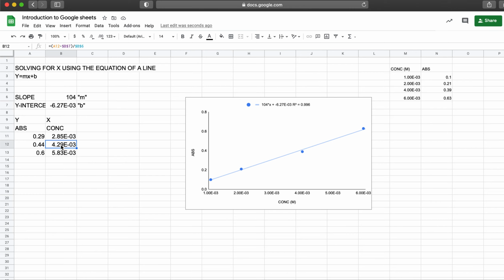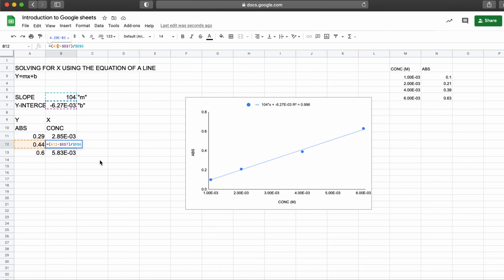And if you look at the next one, it is now using A12. So it's using the next absorbance value, but it's going back to my constants. So it's going back to the same y-intercept and dividing by the same slope, which is exactly what I wanted to do. If I hadn't used the dollar signs, it would use the cell right below it when I was doing the calculation, which is not what we want to do.